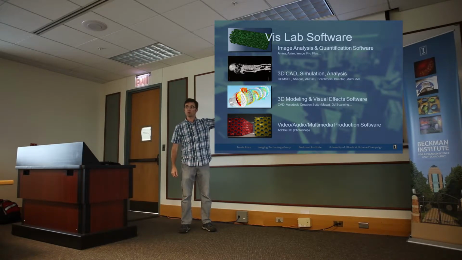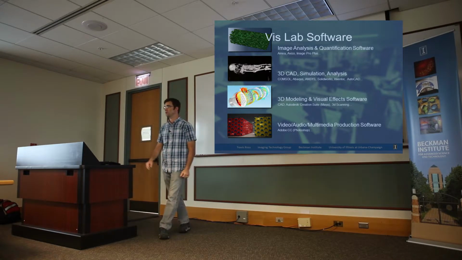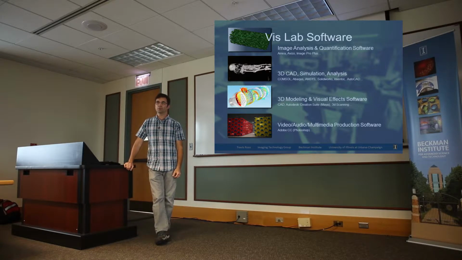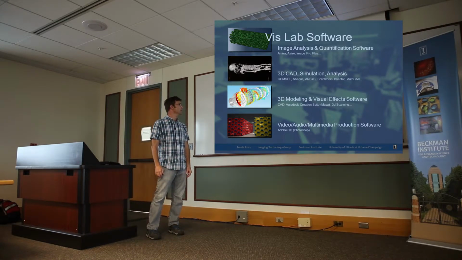It does the same thing, but it's more specifically for material scientists. And then Image-Pro Plus, which is kind of a lesser known software. It's excellent for taking the 2D slices and creating some kind of quantification, analysis, or measurement just within the 2D image itself.